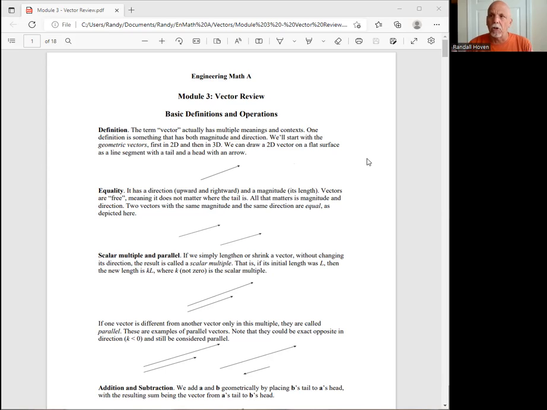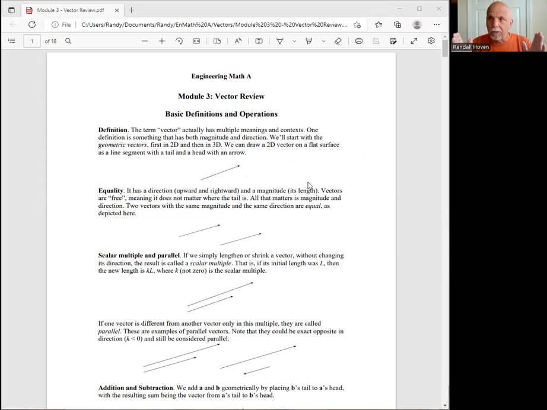And here I'm talking about geometric vectors. The word vector can mean lots of things, but especially a two-dimensional vector I can draw on a piece of paper. We call this arrowhead where it's pointing the head, and this other end is the tail. What defines a vector is simply that it has a certain magnitude and direction.